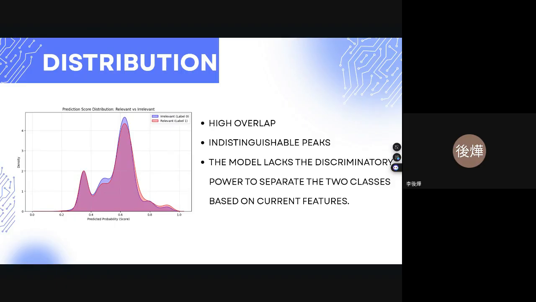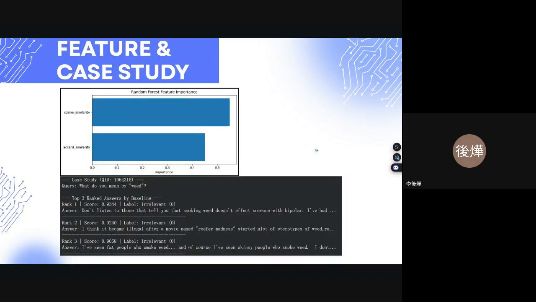Instead, as you can see, they are almost stacked on top of each other, peaking around 0.6 to 0.7. This explains the low precision of the model. The relevant and irrelevant data points look nearly identical. Next page.